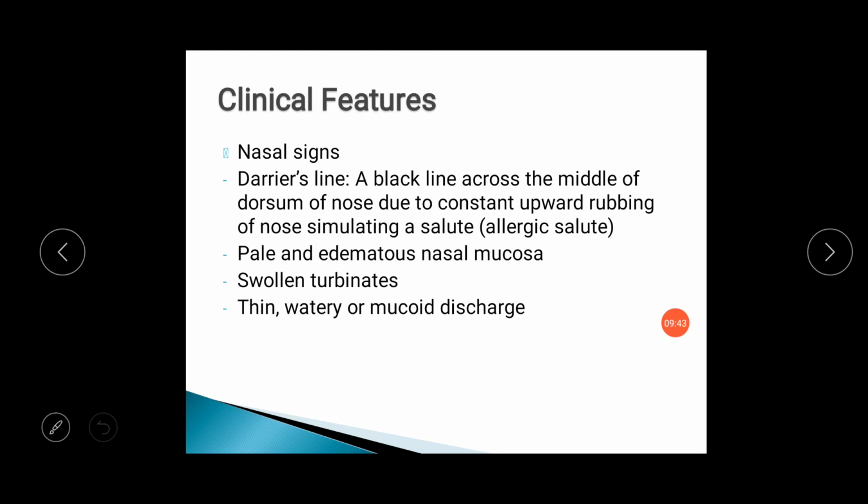This type of patient usually does constant upward rubbing of the nose, more commonly seen in children, and it will form a black line across the dorsum of the nose over the middle part, and that is known as Darier's line. That is also known as allergic salute.